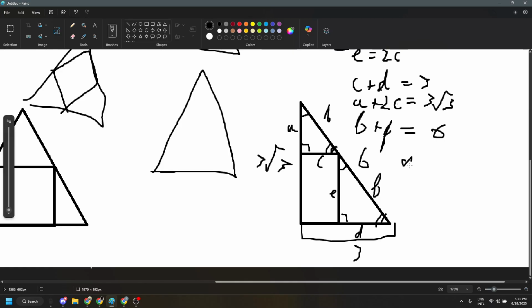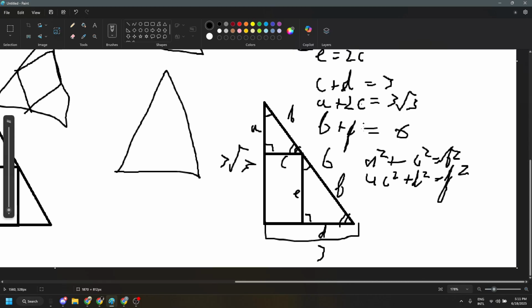Oh, we can also say A squared plus C squared is equal to B squared, and 4C squared plus D squared is equal to F squared. Okay, I think this is probably enough.